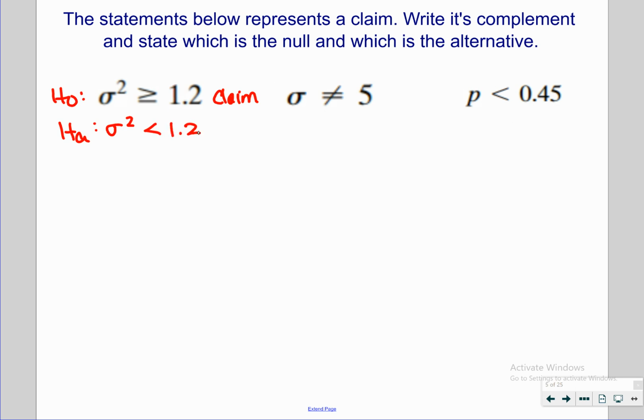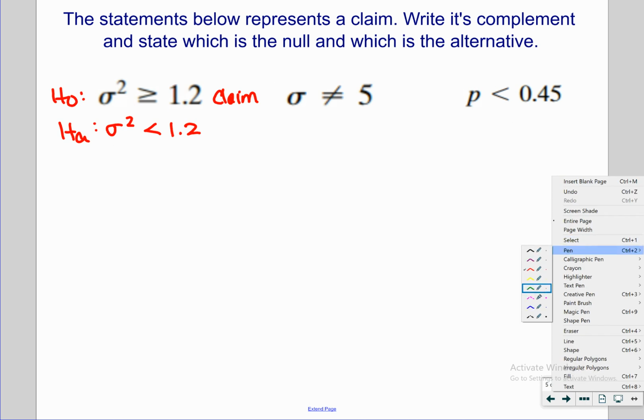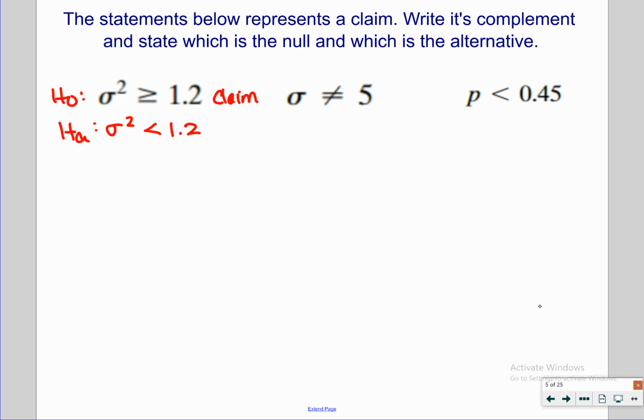Absolutely. And that's it. That's all you have to do. Okay. So the one in the middle, we have a statement, a claim being made about what? If it's just the lowercase sigma, not squared. What's that notation for? Standard deviation. So the claim is something's standard deviation is not equal to 5.